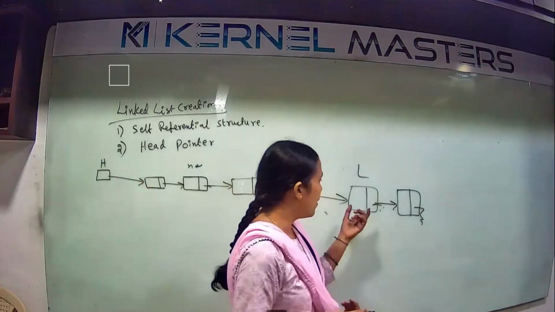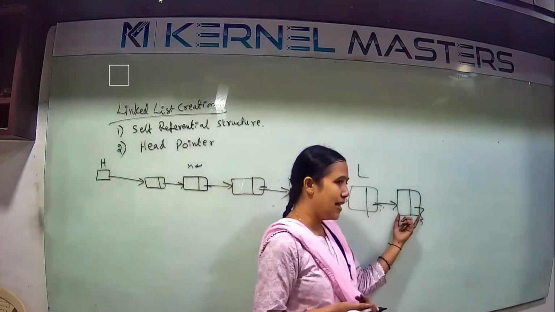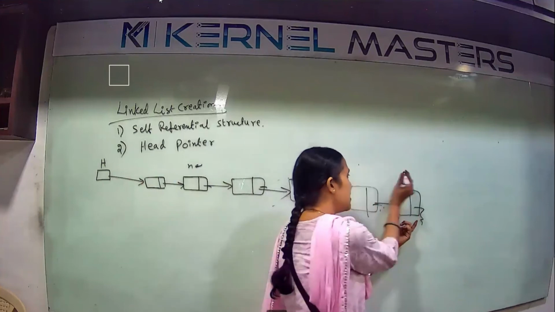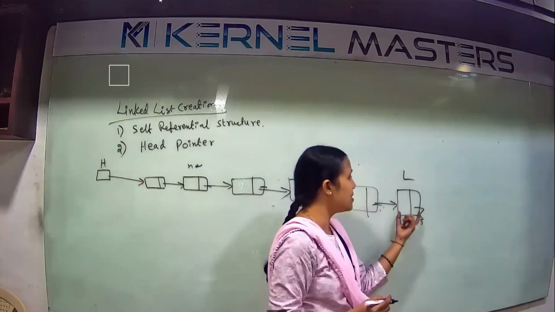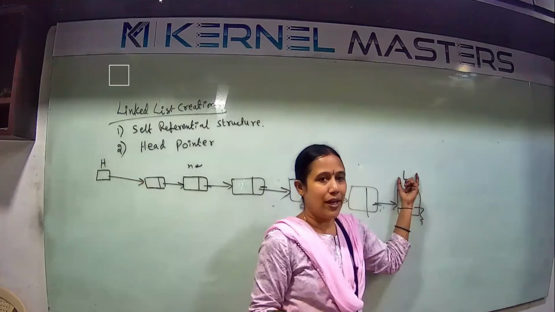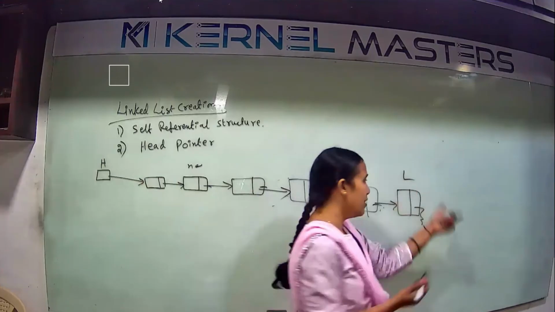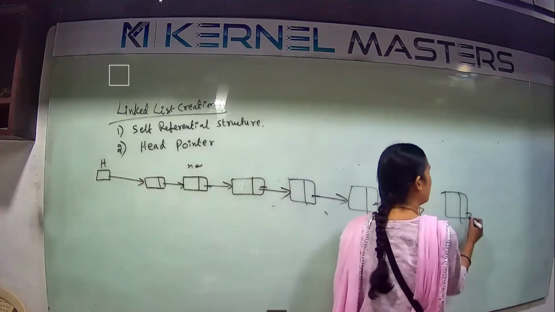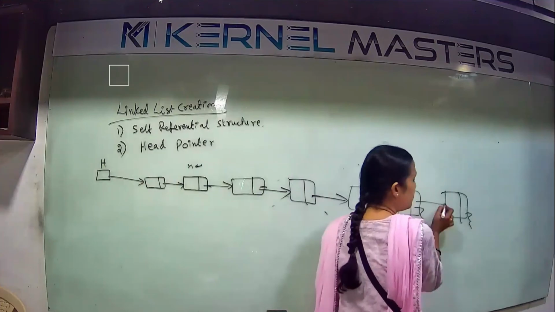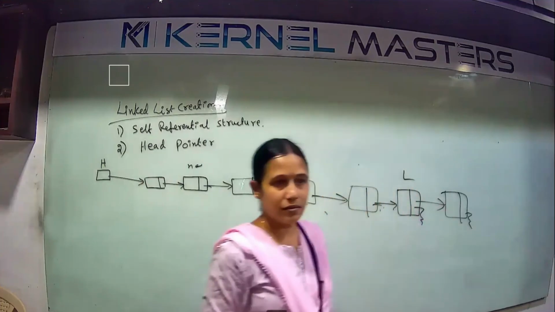So whenever you create a new node and add it at the end, you will remember that this is the last node. You will store this address somewhere in an extra pointer, so that when a new node comes, you can directly link. Got it?